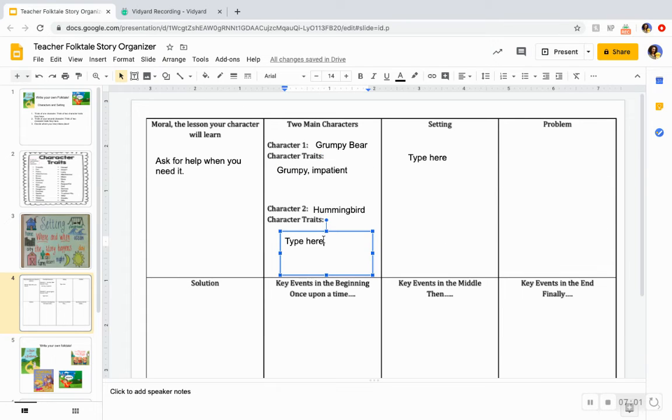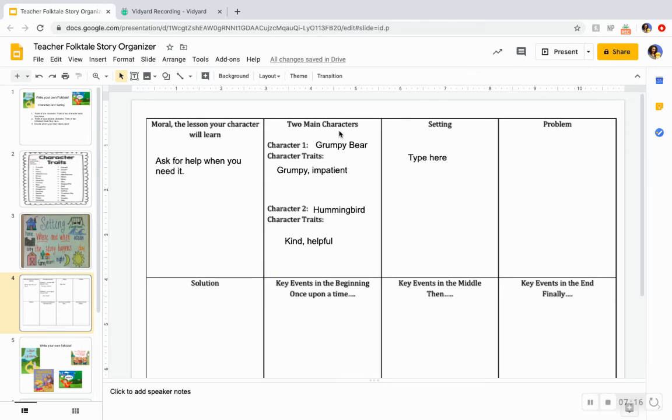I'm going to get rid of where it says type here so that I have lots of space to type. I'm going to type kind. I'm going to put a comma. And then I'm going to type helpful. There are my two character traits. First, I thought of the name of the character, then I came up with the character traits. You can pause now if you haven't done your second character and typed that in before we move on to the setting.